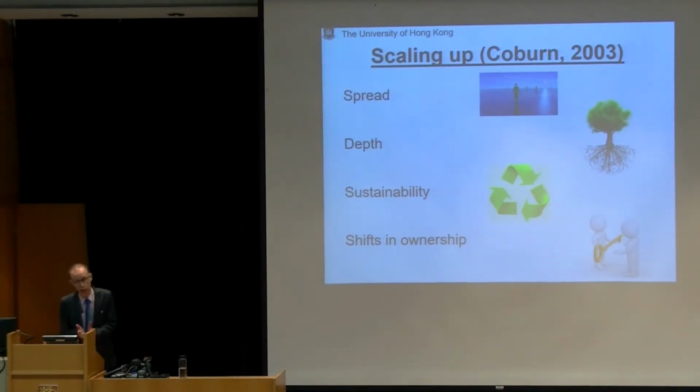So again, if I follow the IT analogy, if an individual has their own brilliant idea or brilliant use of mobile technology, how can they pass this on to other colleagues? How can they motivate other colleagues to carry them out? So these are four features that are coming from the innovation literature. Coburn is talking about educational innovation, and I'm trying to apply them to the idea of assessment for learning in higher education.